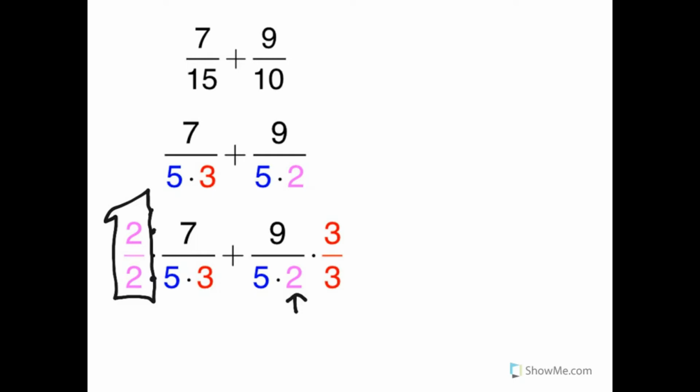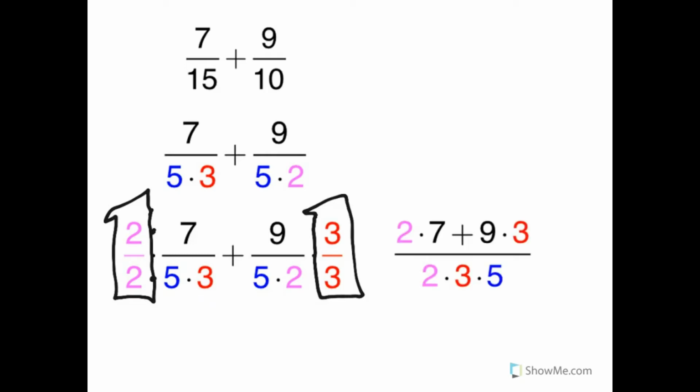Now if I look at the first denominator compared to the second denominator again, I have a 3 in the first denominator that I don't have in the second. So I do the same process of multiplying by 3 over 3. That's going to give me a common denominator 2, 3, and 5.